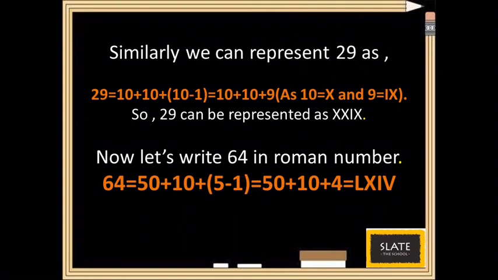Now let's write 64 in Roman number. 64 is equal to 50 plus 10 plus (5 minus 1) in the bracket is equal to 50 plus 10 plus 4 is equal to LXIV.